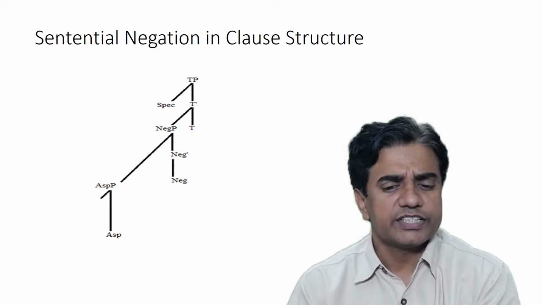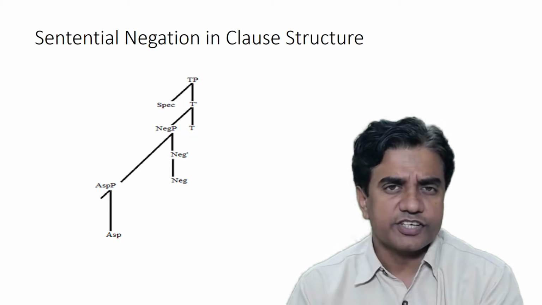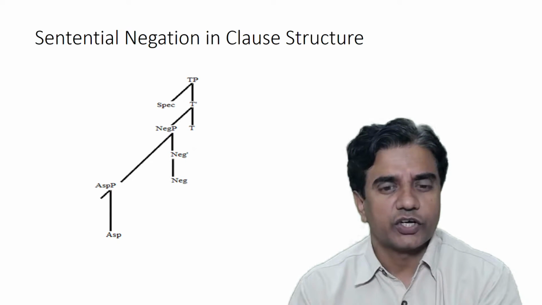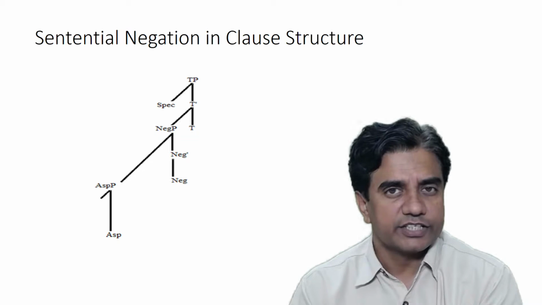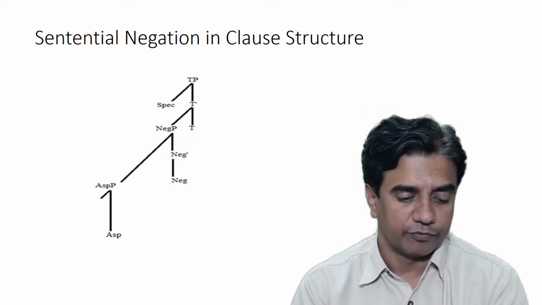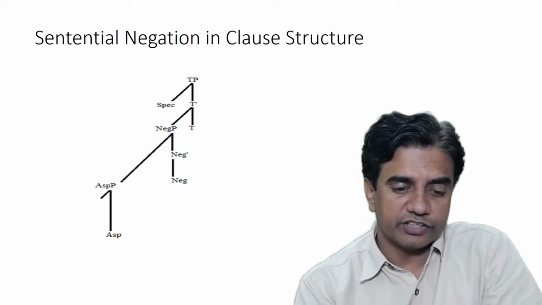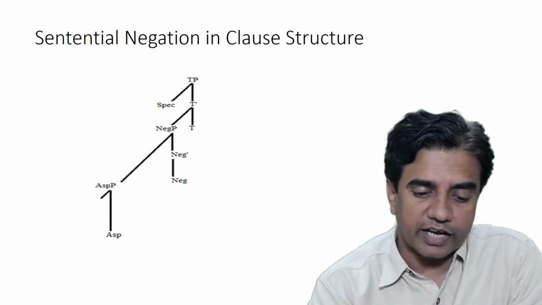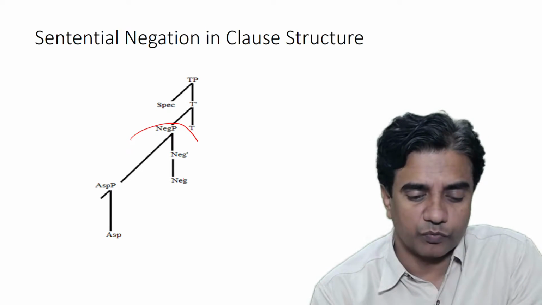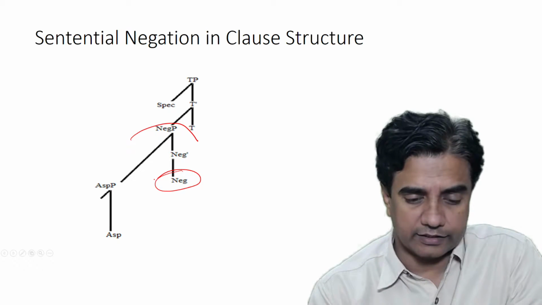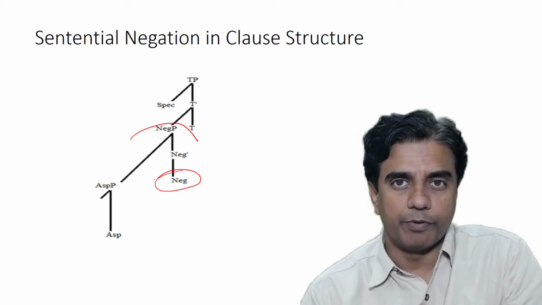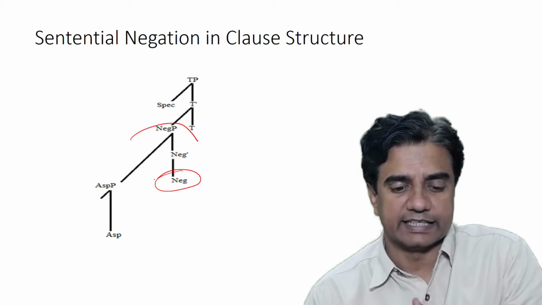When we try to understand clause structure with reference to negation and the presence of negation in the clause structure, we can understand it through the example of the diagram that you see on the screen carefully. Negation occurs right below the TP and heads its own phrase, and then occurs in the functional domain of the clause structure before we see the stacking of lexical elements.